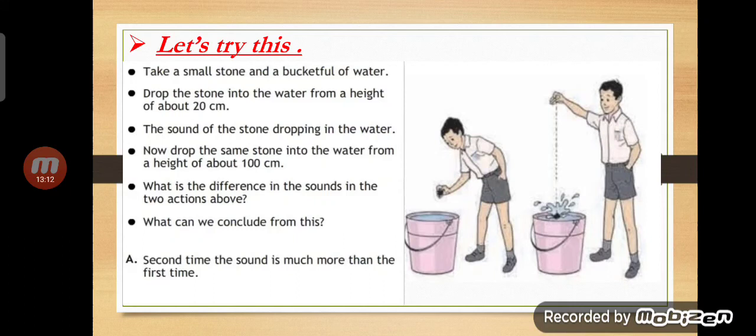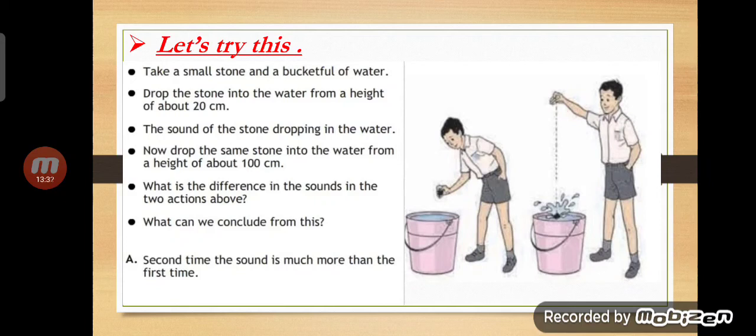Now children, what is the difference in the sound in the two actions above? What can we conclude from this? Exactly, the second time, the sound is much more than the first time.